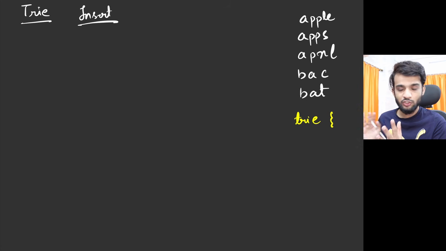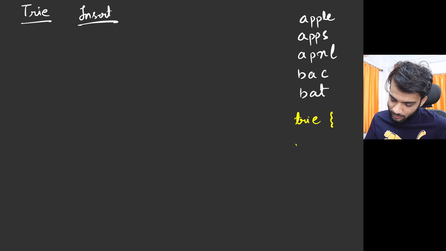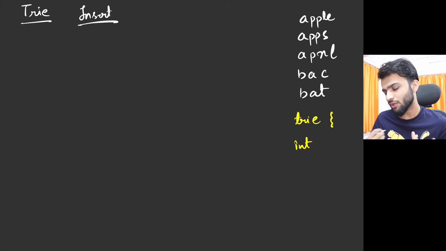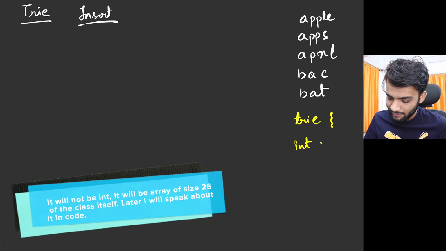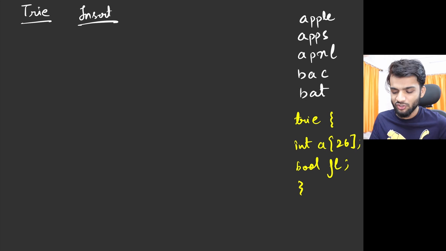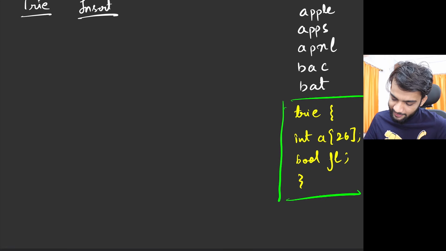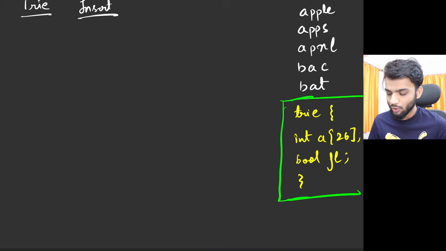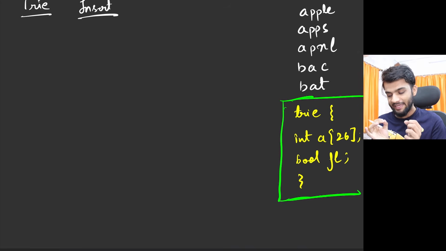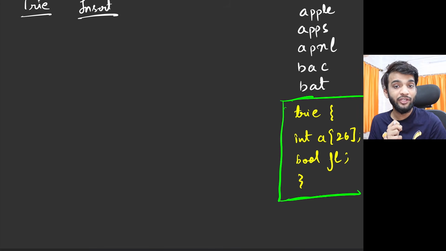Now, assuming that all the characters are lowercase, I will say an array of size 26 and a boolean flag which will be false. So this is how the TRIE looks like: it's a class, struct, whatever you can call it. It has an array of size 26 and it has a boolean flag.